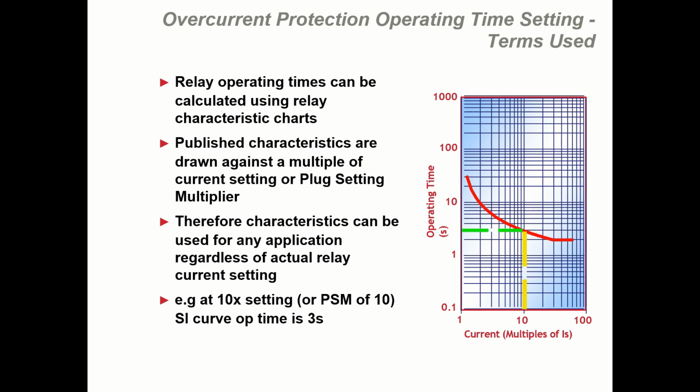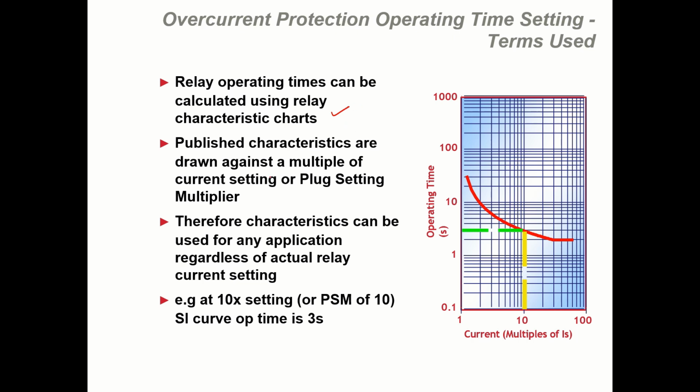Now, what is the meaning of this plug setting multiplier? What is the meaning of time multiplier setting? I have already explained what the plug setting multiplier means. Basically, the plug setting multiplier is the fault current expressed as a multiple of the set current. Now, the relay operating times can be calculated using relay characteristic charts, but nowadays there is no need to; you can directly calculate using the formulas if you want to.